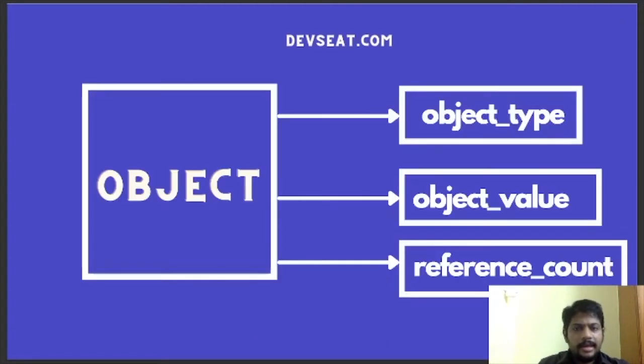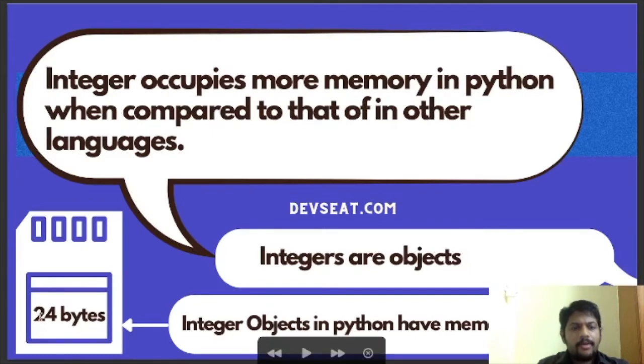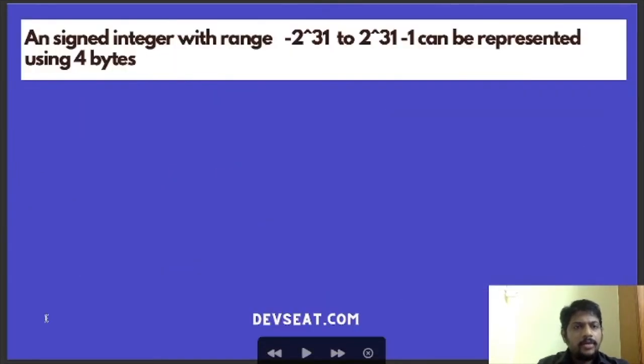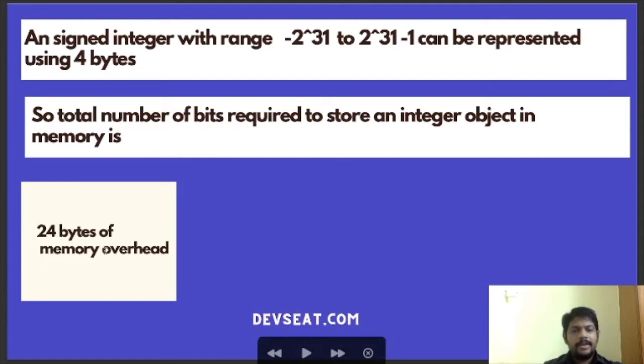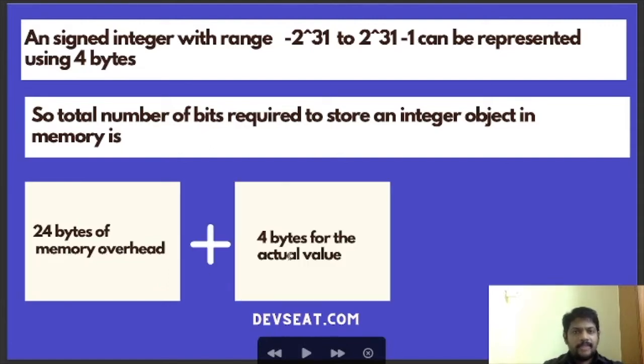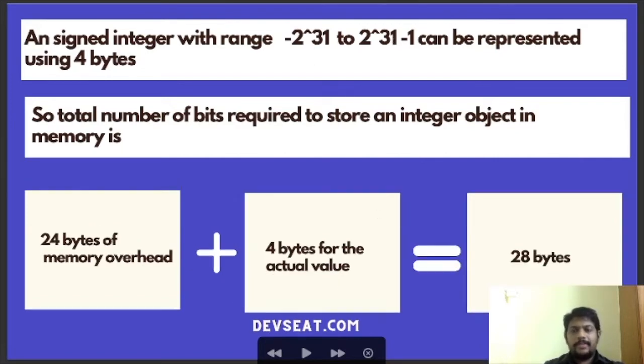That means we have an overhead of 24 bytes and now we need another 4 bytes to represent an integer within this range. So 24 plus 4, that is 28 bytes, are required for an integer variable. That means the memory required to store an integer object is 24 bytes of overhead plus 4 bytes for the actual value, provided it falls in this range. That is 28 bytes of memory for an integer variable.